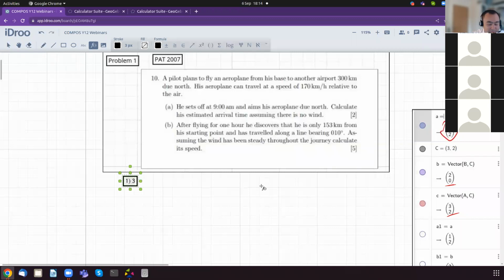Let's do that. So the time is distance divided by the speed, and it's 300 divided by 170.